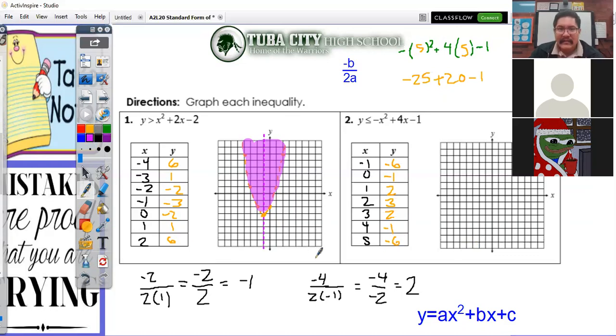points. And I think I'm going to use a darker color for this graph. So maybe I'll try purple. Negative 1, negative 6. 0, negative 1. And remember, there's going to be a 5 difference. So as we approach the vertex, it's going to go 5, 3, 1.